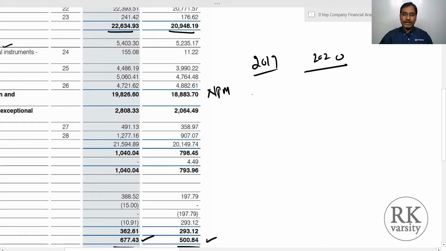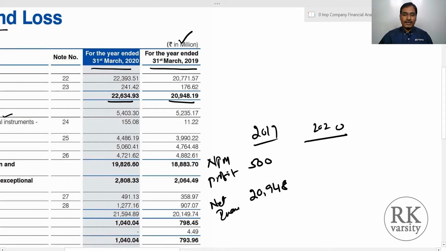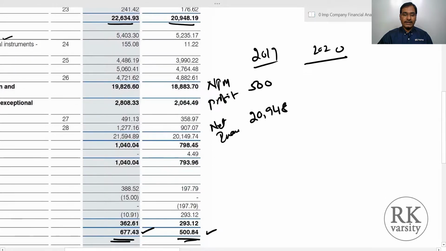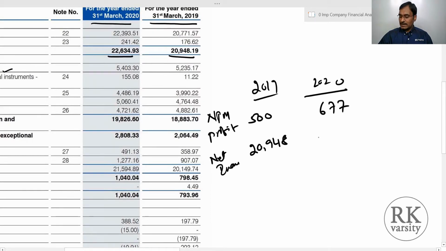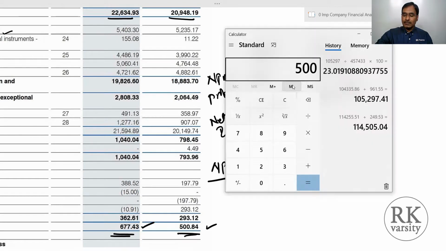For financial year 2019, the profit for the year is rupees 500 million, all these amounts are in millions, and your total income is 20,948 million, whereas for the financial year 2020, profit for the year is 677 million, whereas total income is 22,635 million.